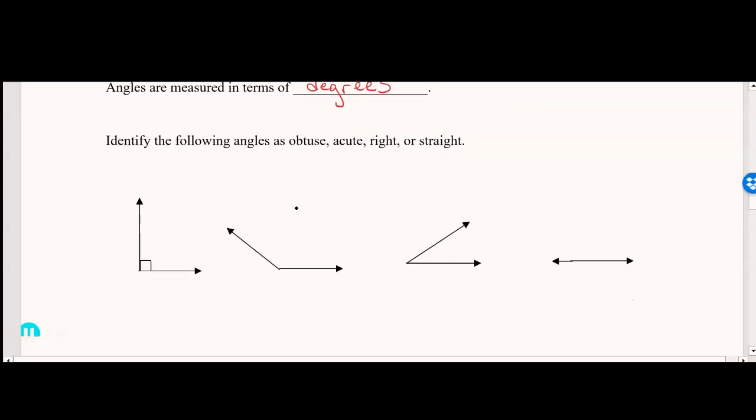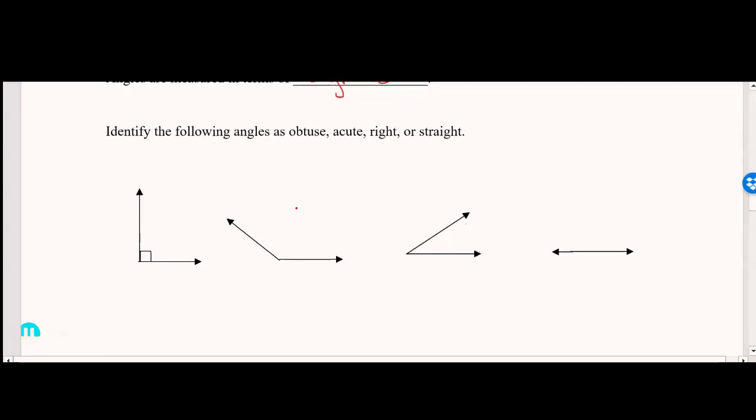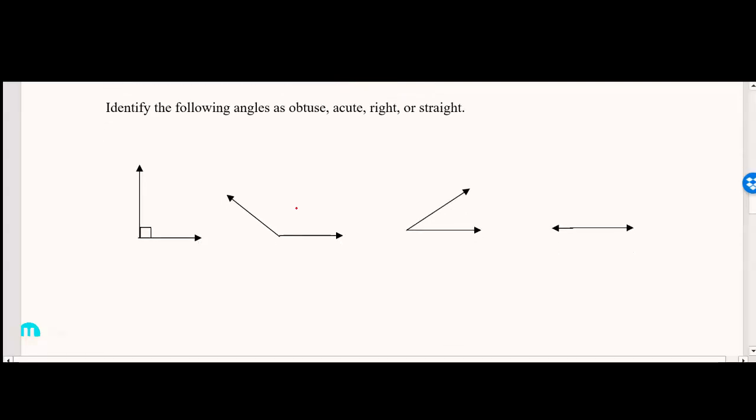Now we also have different types of angles, and it all depends on their characteristics or properties. Whenever you see the square, that indicates a right angle, because this equals 90 degrees. Whenever we see a square, that means we have a 90-degree angle.